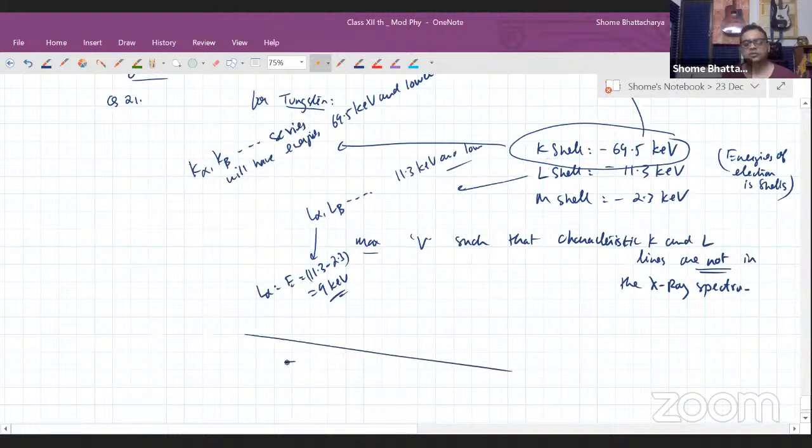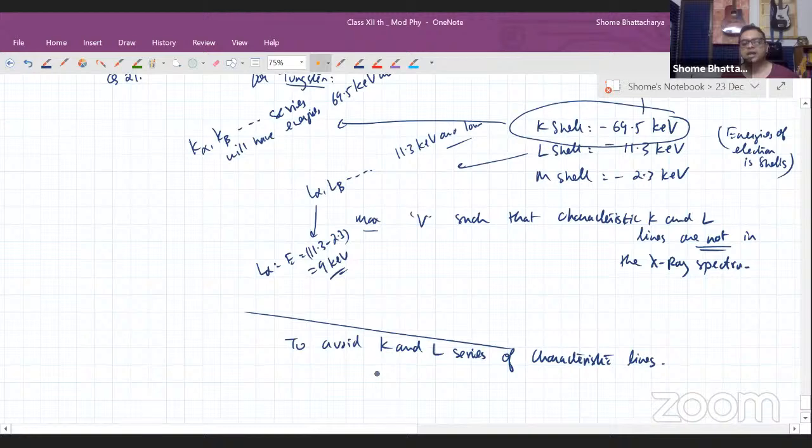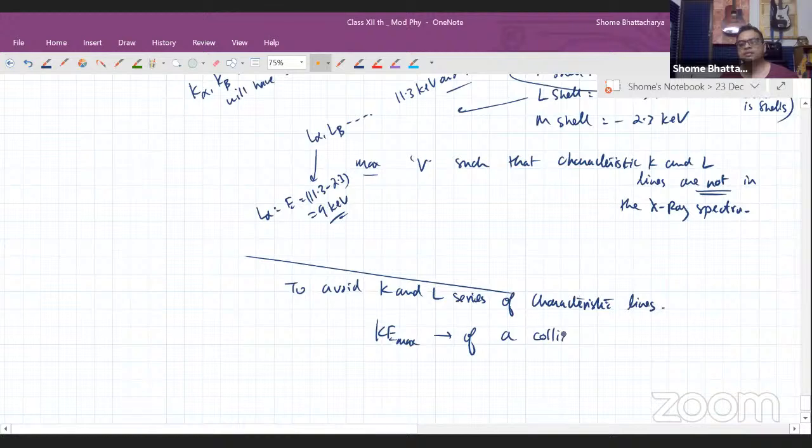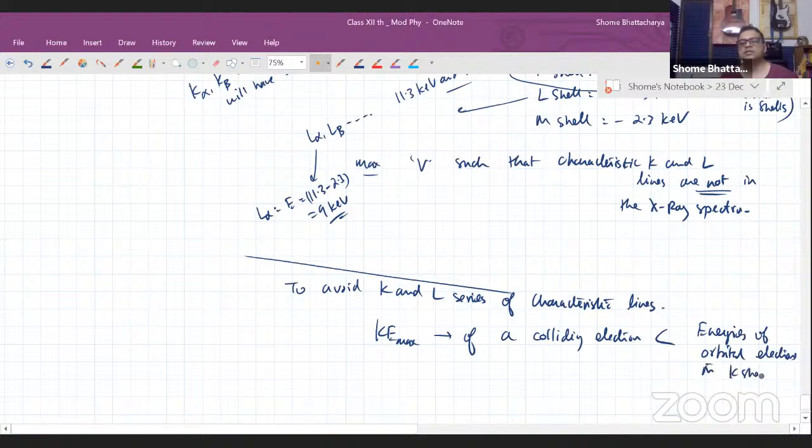So to avoid the K and L series of characteristic lines, the maximum kinetic energy of a colliding electron should be less than the energies of orbital electrons in K shell and L shell both, so that you're not able to rip out these electrons.